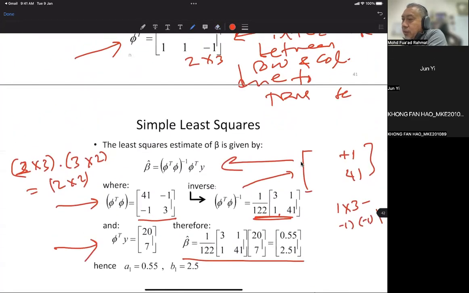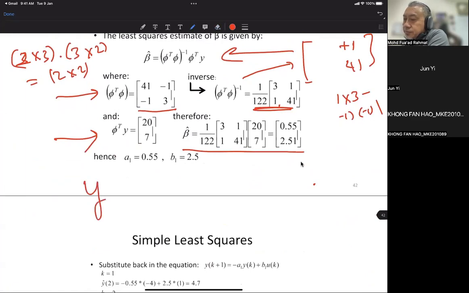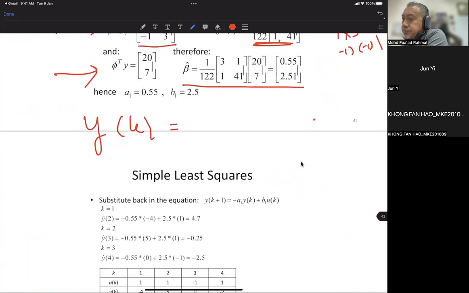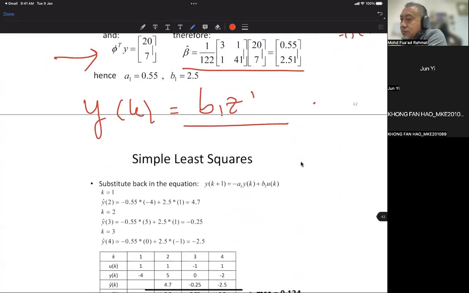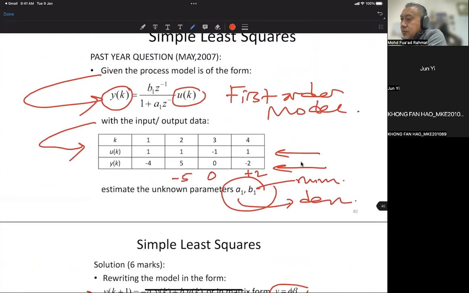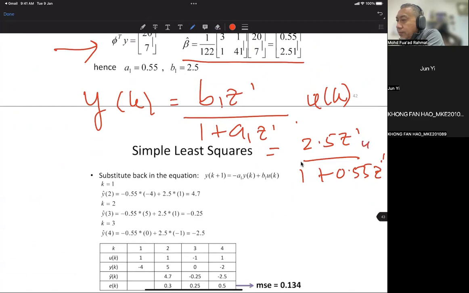So from the model itself, we can enter y(k) equal to b1 z^-1, so enter 2.5 z^-1 plus 0.55 z^-1 u(k).